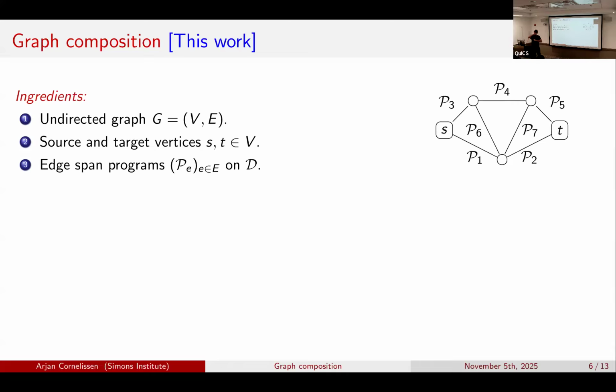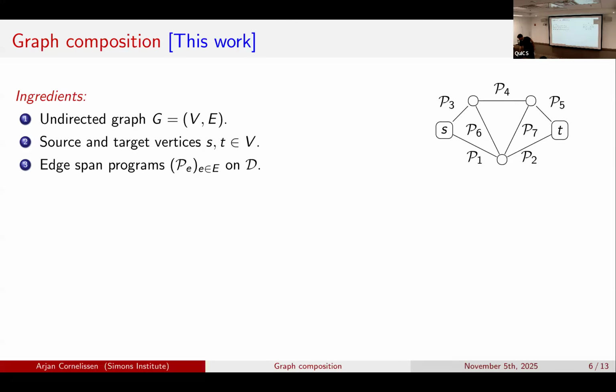And I want the domain of each of these span programs to be the same on all of the edges. Right, so here I do a little example with S and T, and then on every edge, there's a span program. Now, if you take any input from this domain, then each of these individual span programs will either be positive or negative, right?